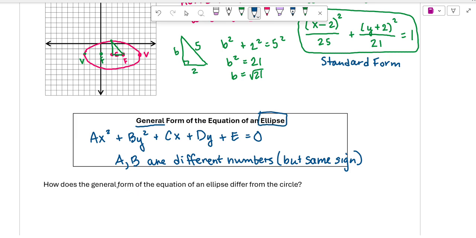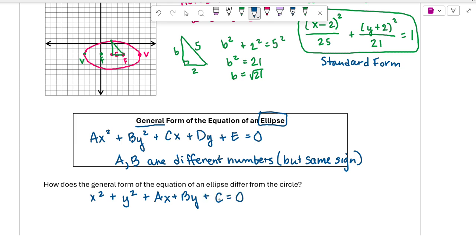How is this different then, the ellipse versus the circle? The equation was quite similar, but just to review, the equation of the circle was more like this: x squared plus y squared plus ax plus by plus c is equal to 0.